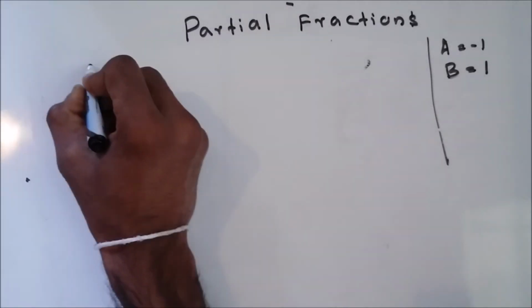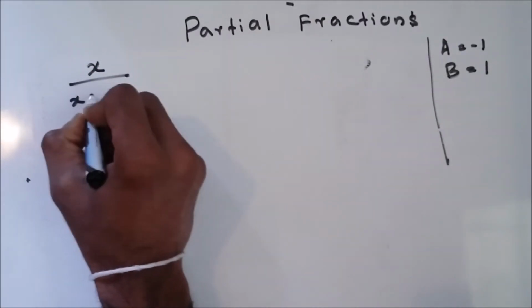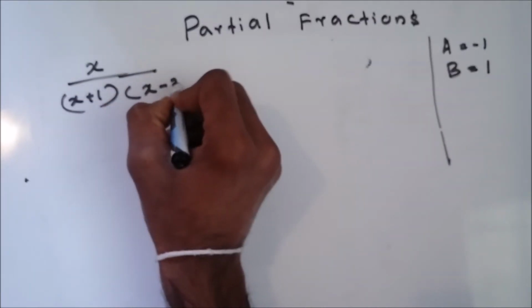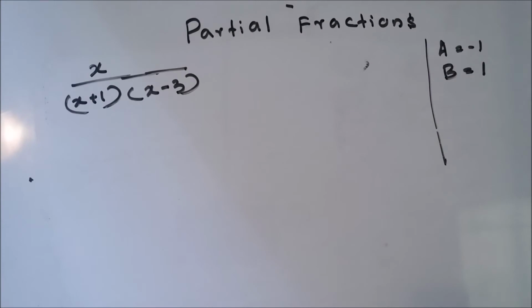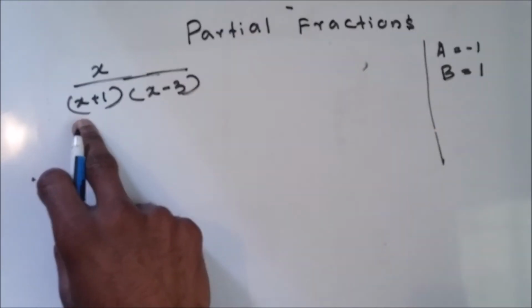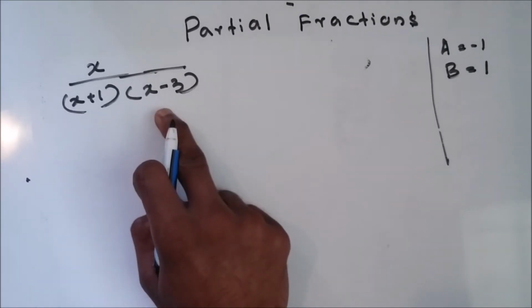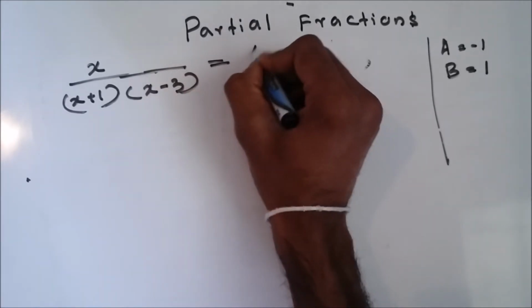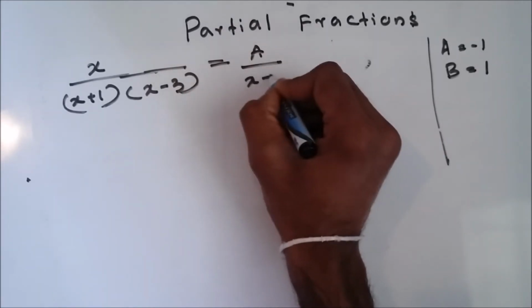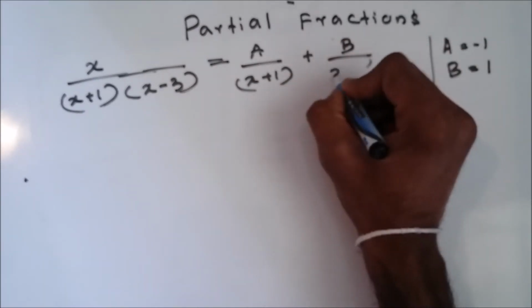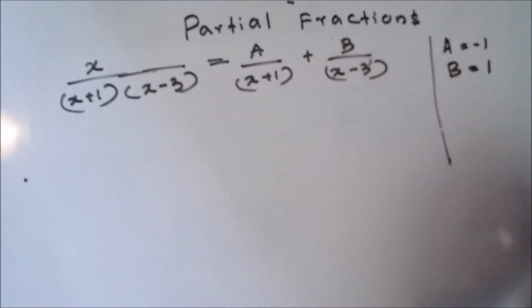The second example is x over (x plus 1) into (x minus 3). In the denominator there are linear factors, so we can write it like this: A over (x plus 1) plus B over (x minus 3).